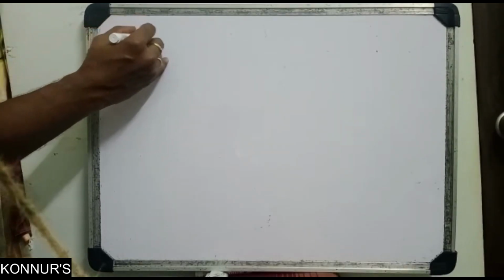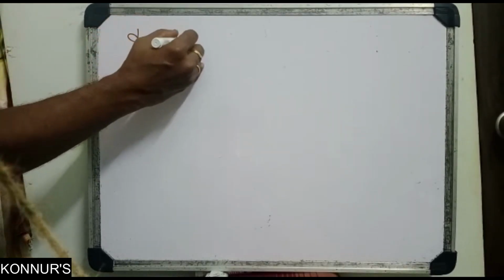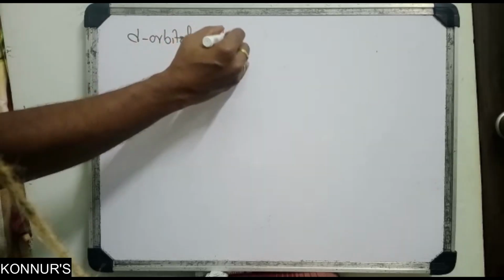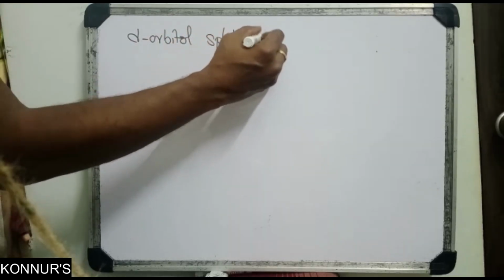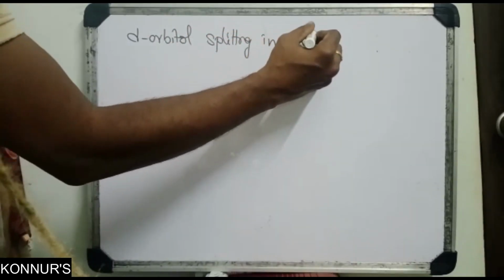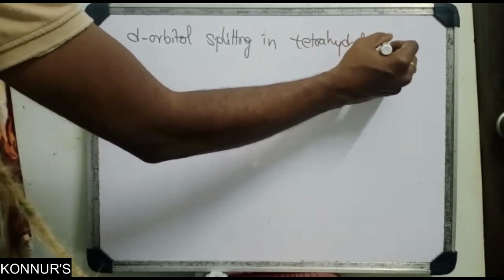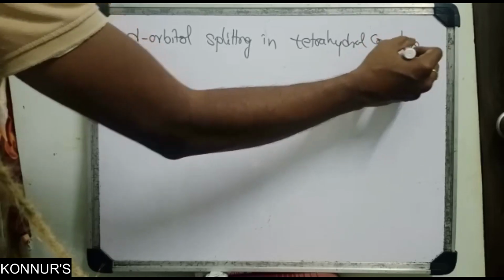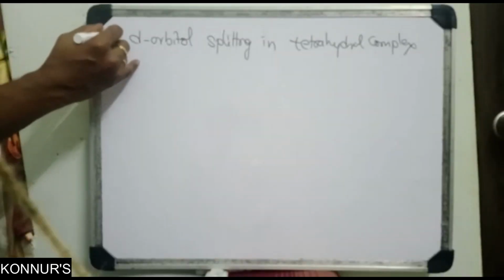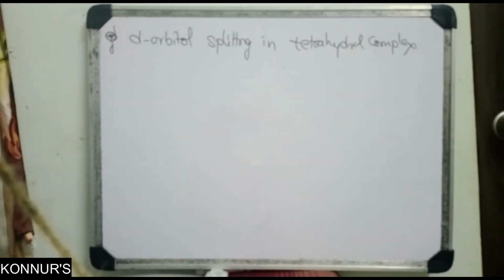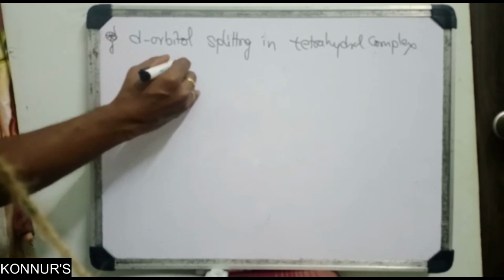Next, d-orbital splitting in tetrahedral complex. In a tetrahedral complex, the hybridization is sp3.